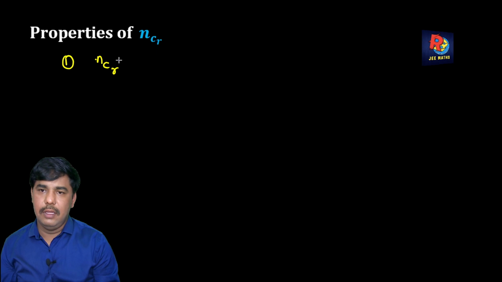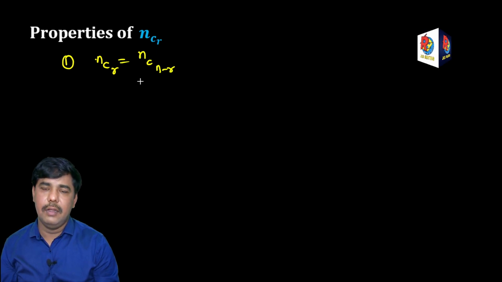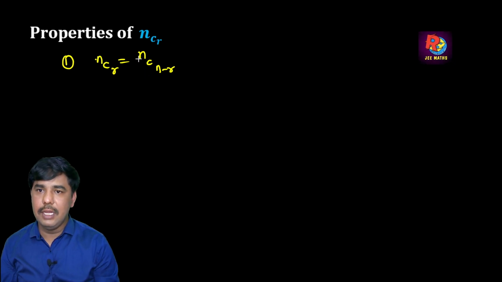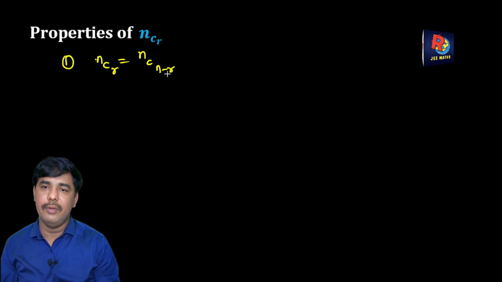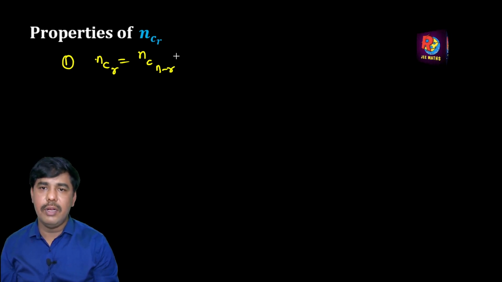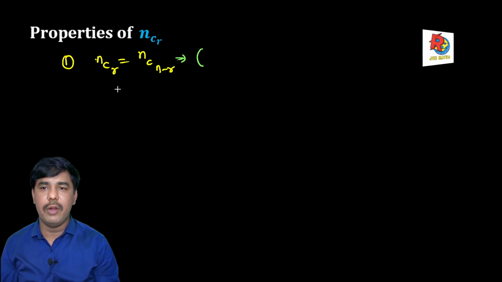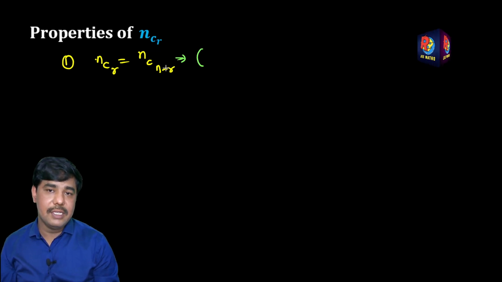The very first formula: nCr equals nC(n minus r). In n, we need to subtract the r value, and those two will be equal. I will prove this. On the left hand side, we already know nCr means n factorial by n minus r factorial into r factorial. Now apply it for the right hand side.